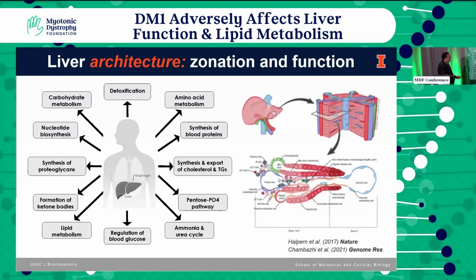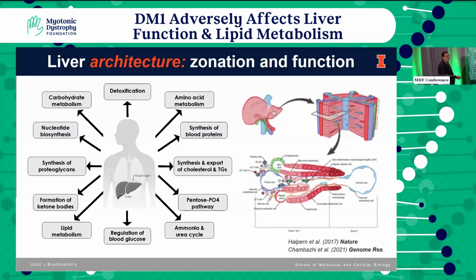And then on the ends of this hexagon, at the 6 places, are the portal triads that comprise the portal vein, hepatic artery, and bile duct. This unique vascular organization of the liver makes the microenvironment near the portal triad very different from what is seen near the central vein.